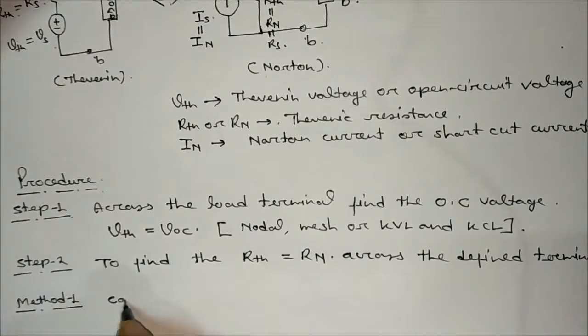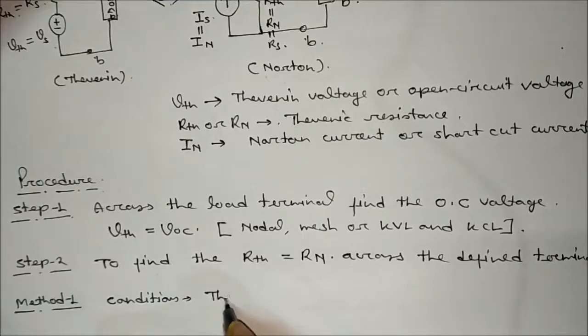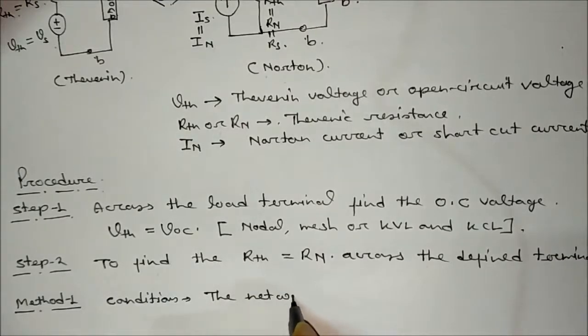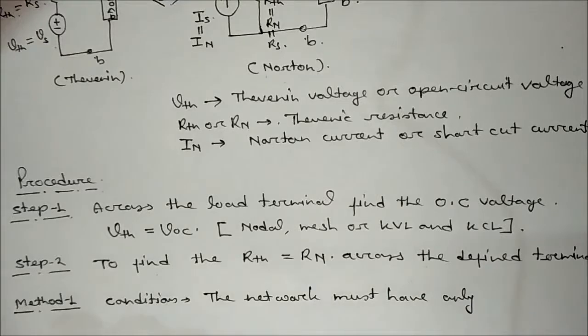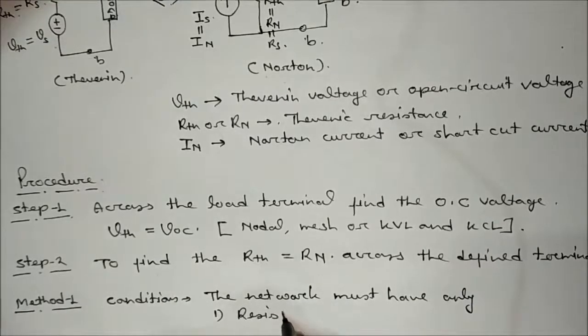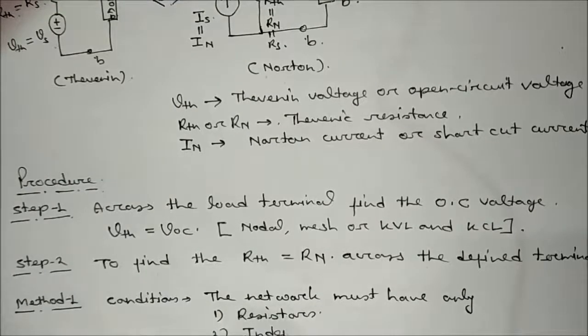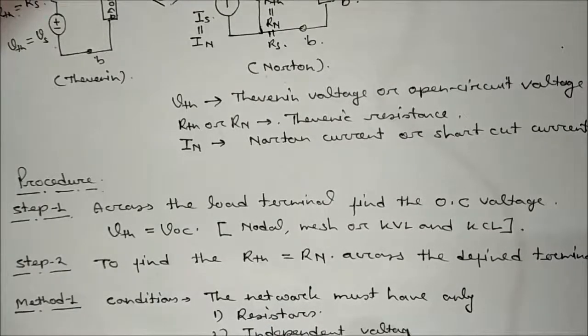The condition is the network must have only, number 1, resistors, and number 2, independent voltage or current sources.